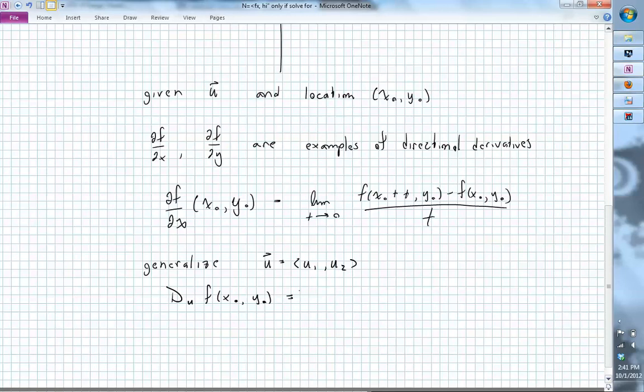So I've specified a location and a direction in which I'm interested. Those two things have to be specified in advance. All right. So generalizing this difference quotient, I get something that looks like that.